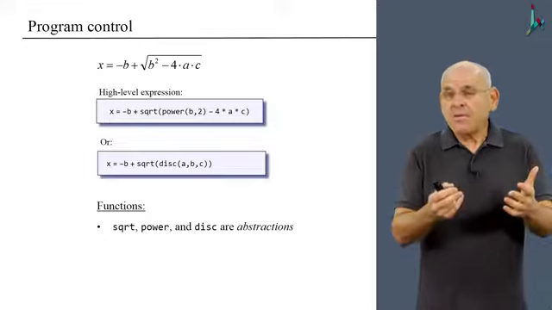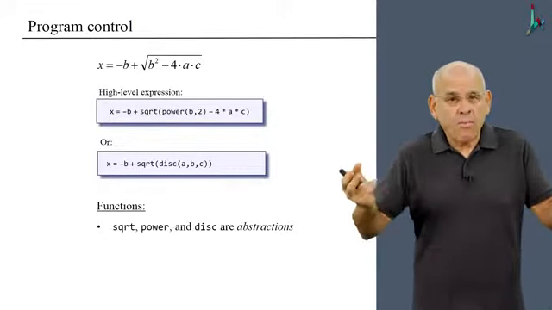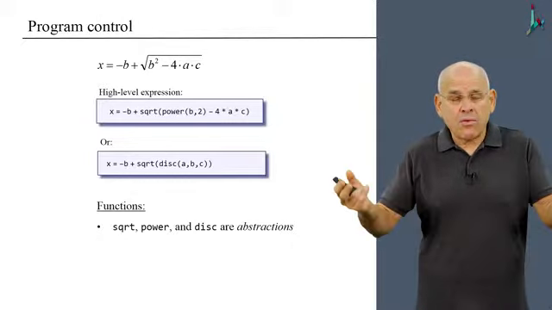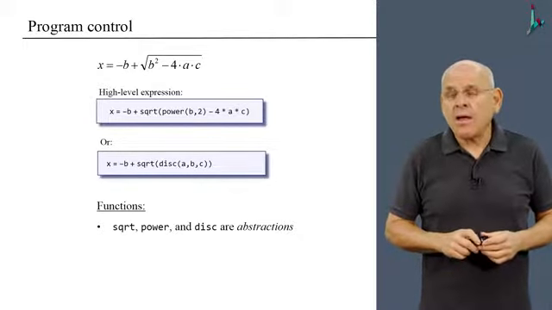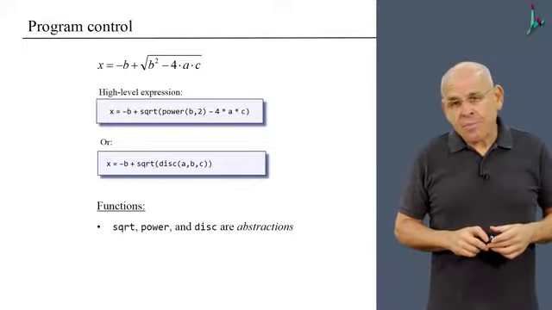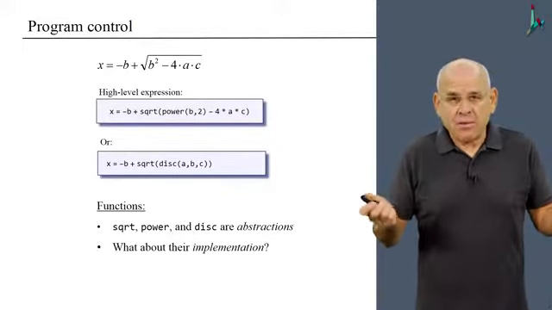But here, I'm allowed to invent so-called new commands as I please, which is wonderful, right? Whenever I need a new function, I just make it up, as I just did with this function that I called disc. And I should ask myself, what about the implementation of these functions?